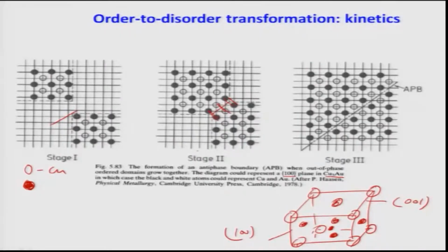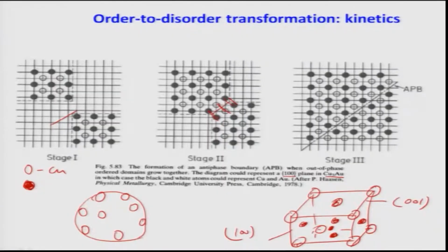But in a real sense, if I have a large grain and small domains forming inside these grains, how do these domains move, because the growth of the domains requires a bonding change.